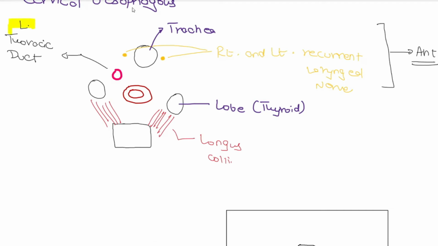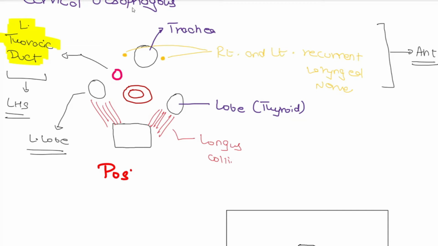So here we have the thoracic duct present on the left hand side, and along with the thoracic duct we have the presence of the left lobe of the thyroid gland, and on the posterior aspect we have the presence of the vertebral body, that is C6 to C7, and we have the presence of the longus colli muscle, and on the right hand side we have the presence of the right thyroid lobe.